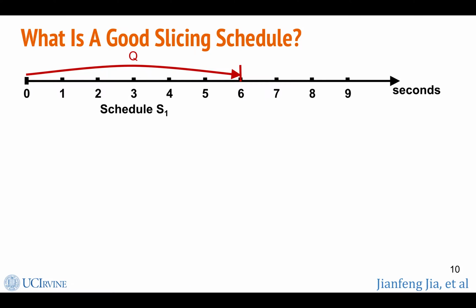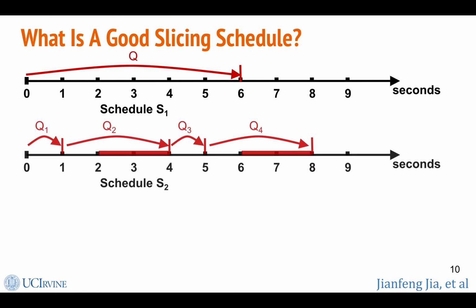So what is a good slicing schedule? Compared to the original schedule, for example S1, we just run the query as it is without any slicing. The user cannot get any update before the query finishes at 6 seconds. Query slicing, if we use fixed length slicing, could possibly achieve better responsiveness.